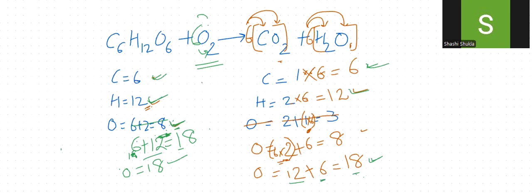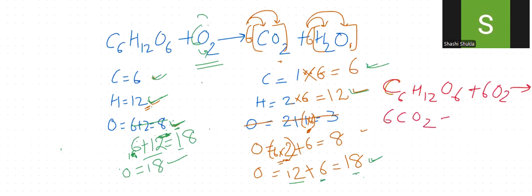We write with red. So this becomes the same color. Okay, so C6H12O6 plus 6O2 gives me 6CO2 plus 6H2O. So this is my balanced equation.